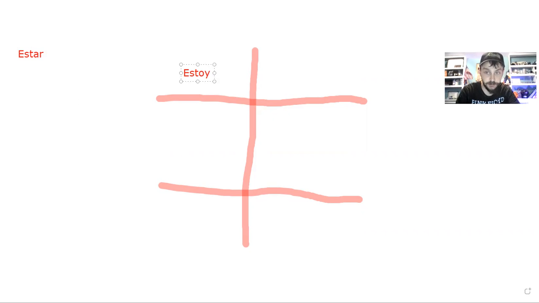I should probably put my keyboard in Spanish because some of these conjugations are going to have accent marks in them. And then in the you form, you have tú estás. And this is the informal you form. And in the él, ella, or the formal you form, is está, or you can call it usted form.